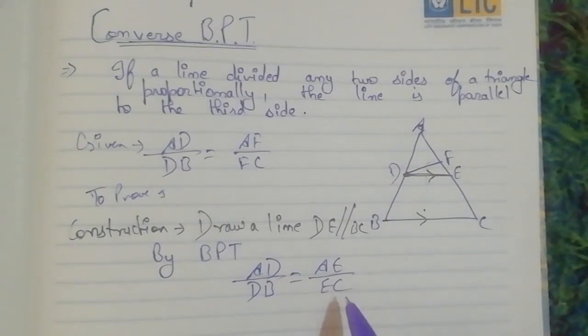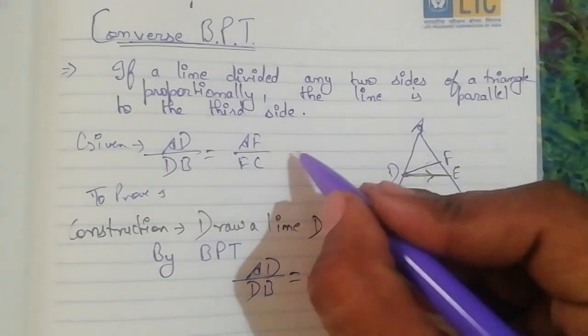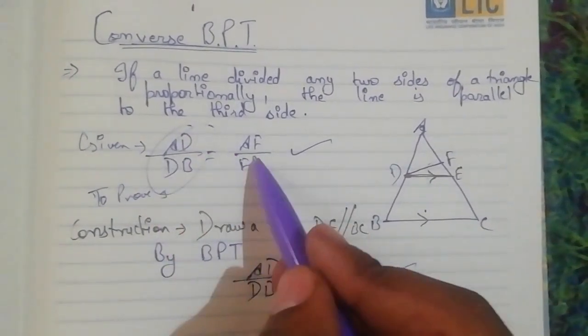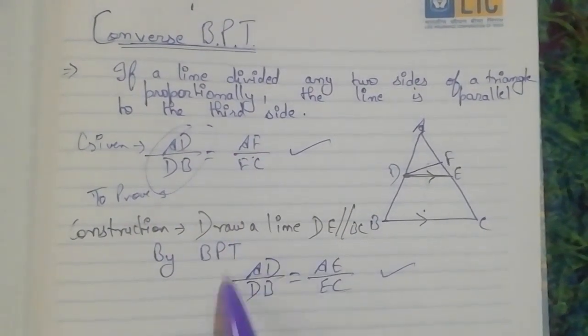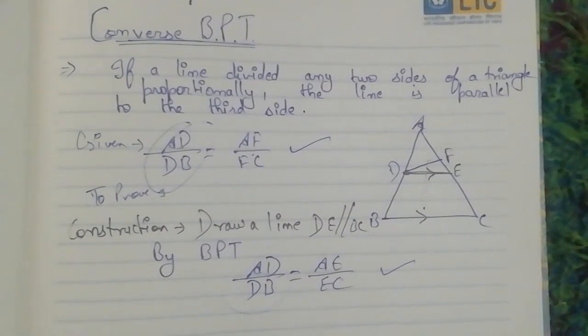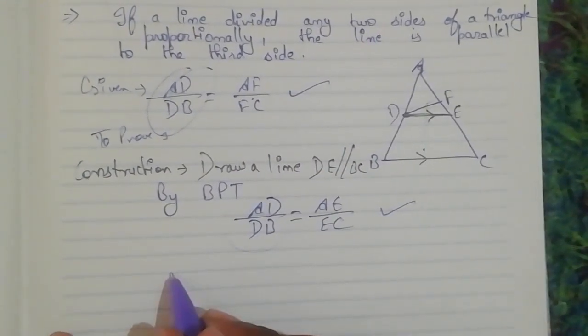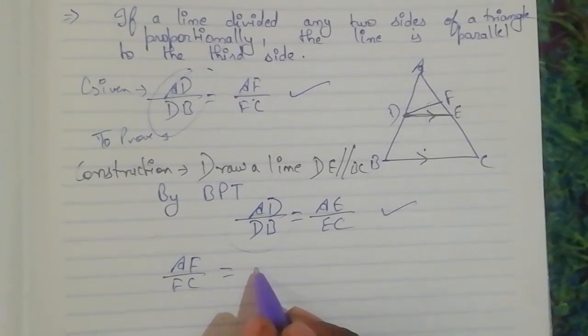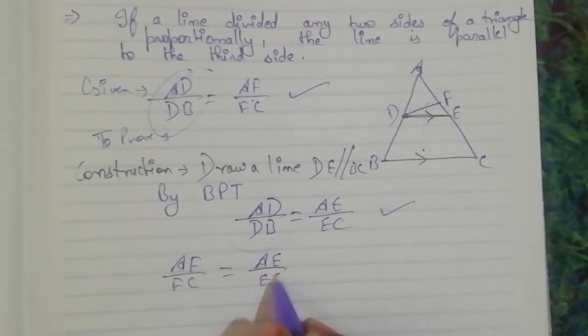Now from the given and from BPT, it is also equal to AD upon DB. So from these two equations we can say that AF upon FC is equal to AE upon EC.